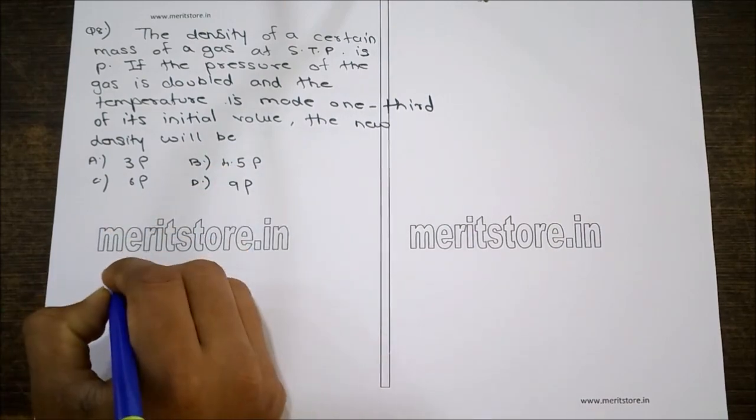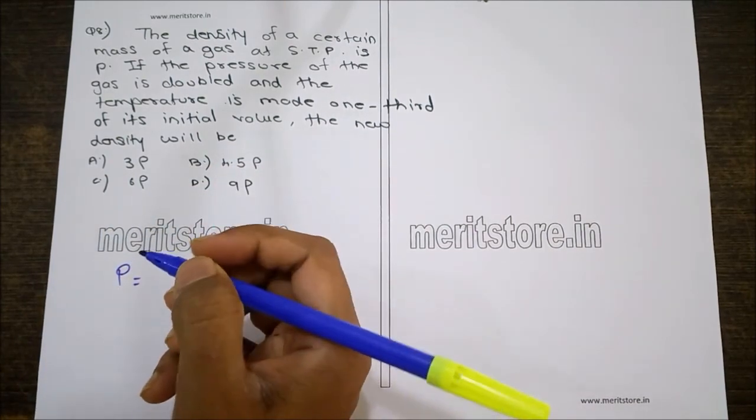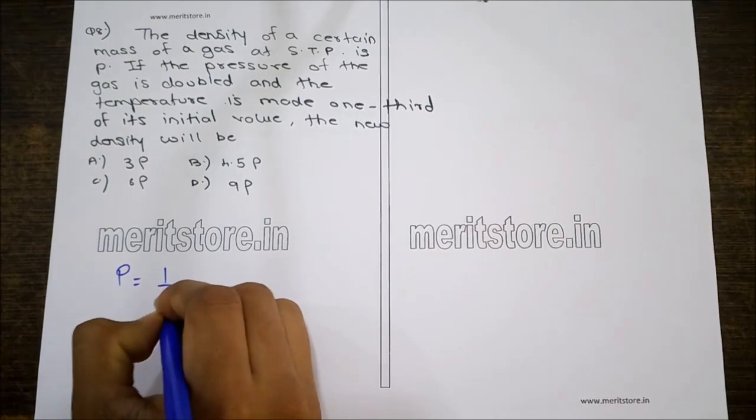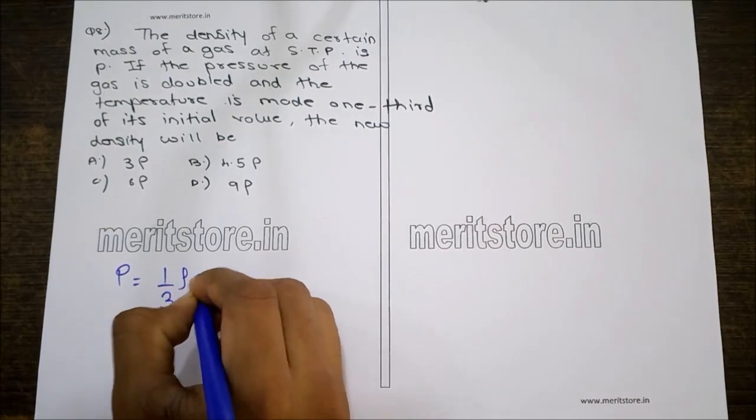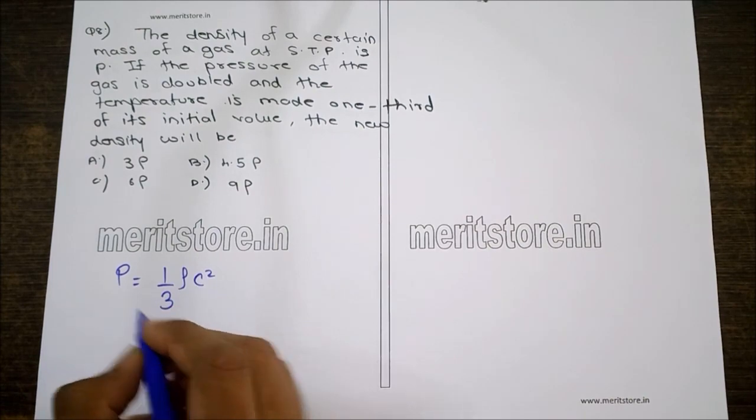Now, the relation for pressure with density and RMS value is P is equal to 1 by 3 rho C square, where C is the RMS value.